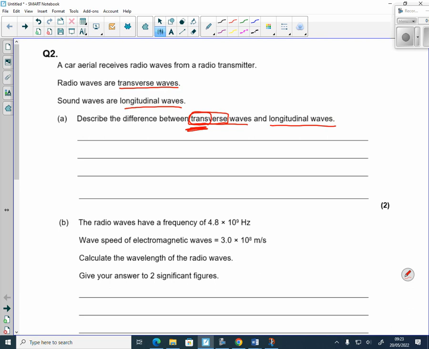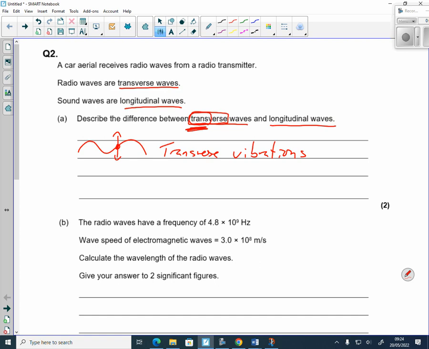Remember, one of the things we can say about waves is that they're moving energy from one place to another. Even though there's not a place to do a diagram, I would be tempted to do a little diagram just to show the examiner I understand exactly what's going on. So transverse, the vibrations, and you really want to use the words either vibrations or oscillations.